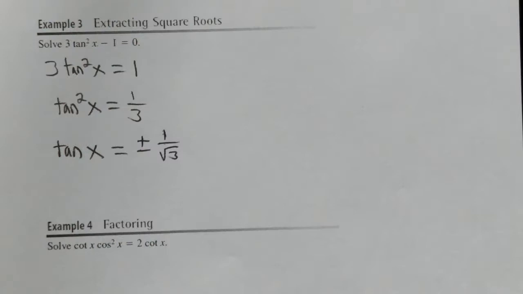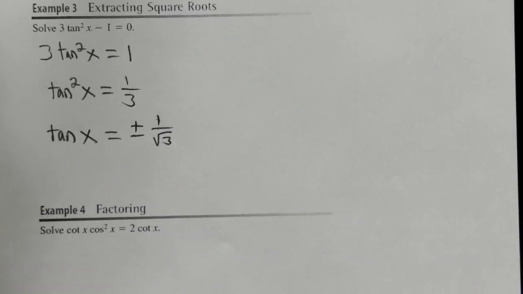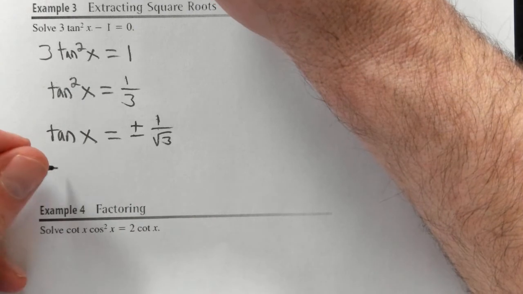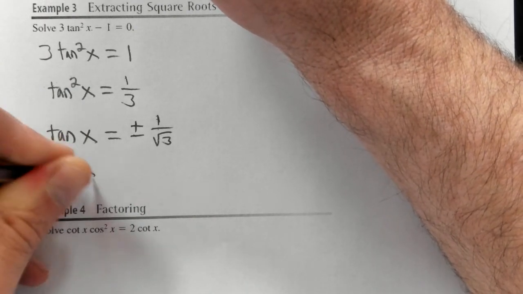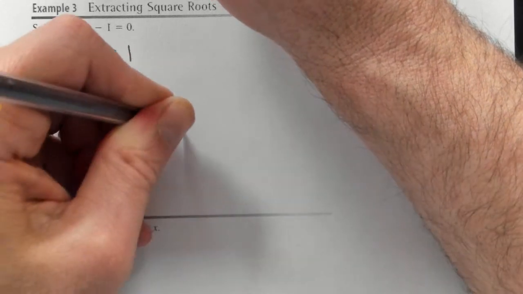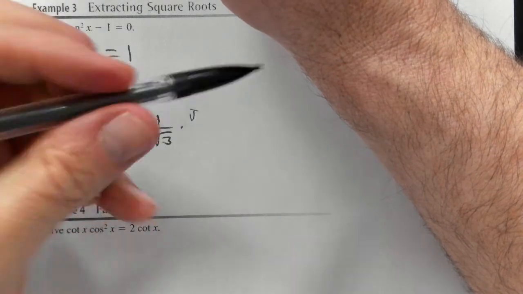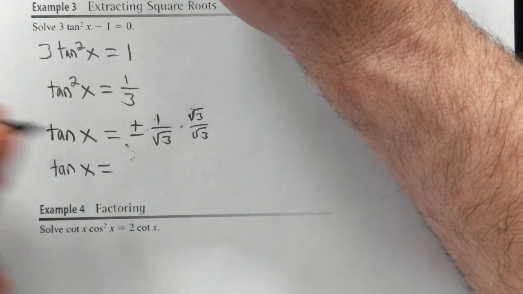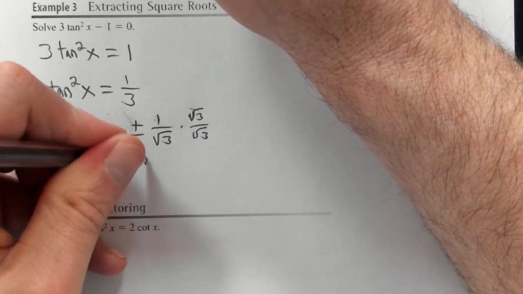All right. Now, from here, we need to rationalize the denominator is what I'm getting at here. So this will be tangent of x is equal to plus or minus square root of 3 over 3.